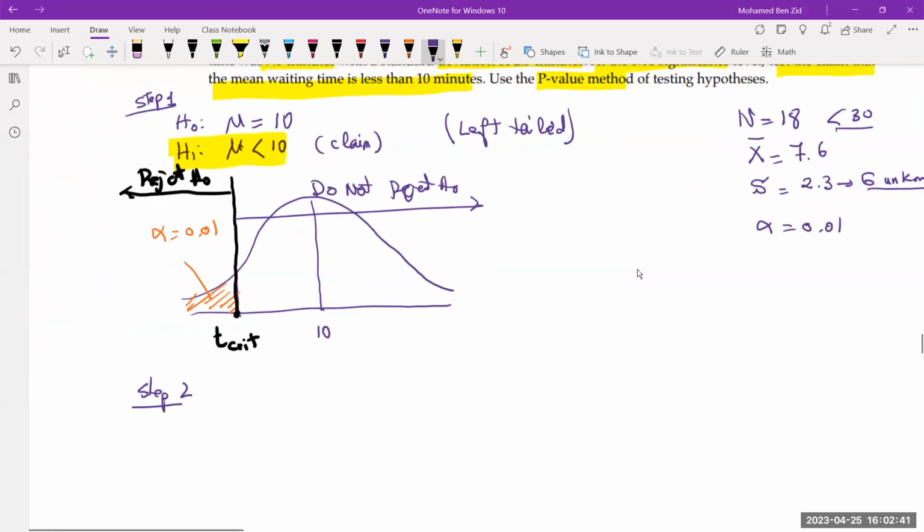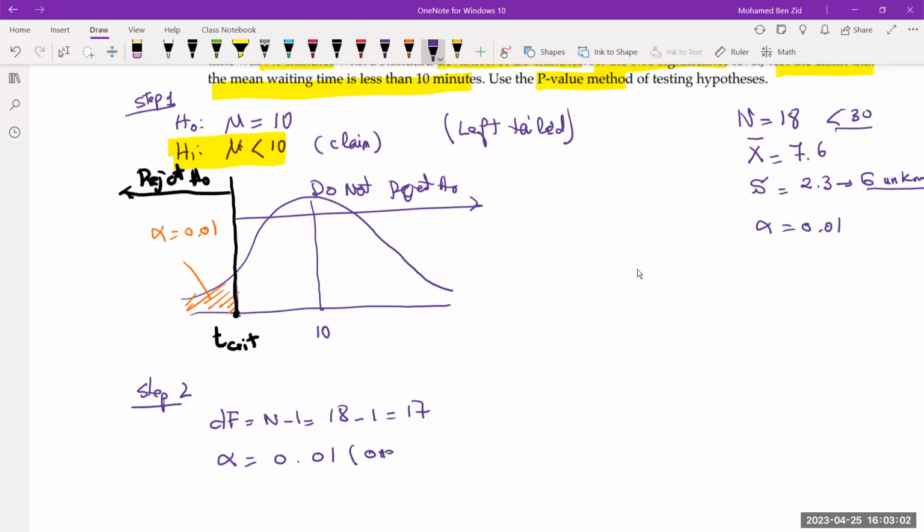So we identify the T table. What I need for the T table is the degrees of freedom, which is n minus 1. That's 18 minus 1, and that's 17. And I need alpha as well, so the alpha is going to be 0.01. And you need to specify here it is only one tail.